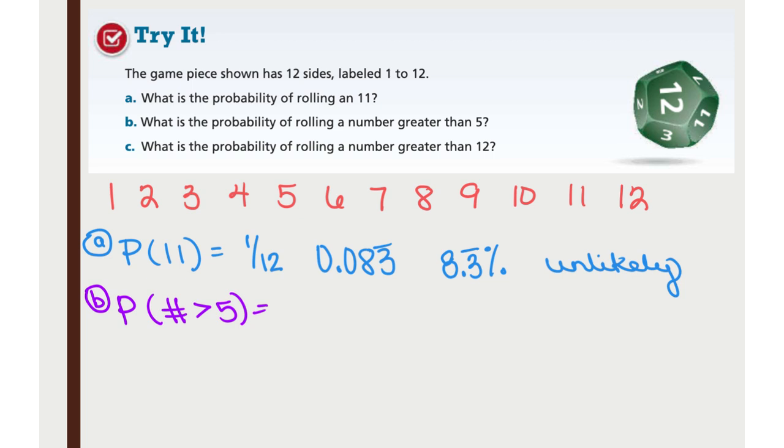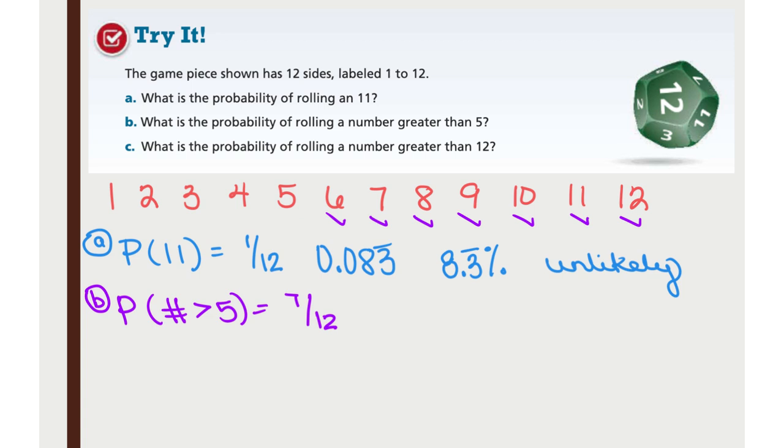Hank? 6, 7, 8, 9, 10, 11. Okay, 6 through 12 are greater than 5. How many numbers did we identify? 7 out of 12. There's our fraction.